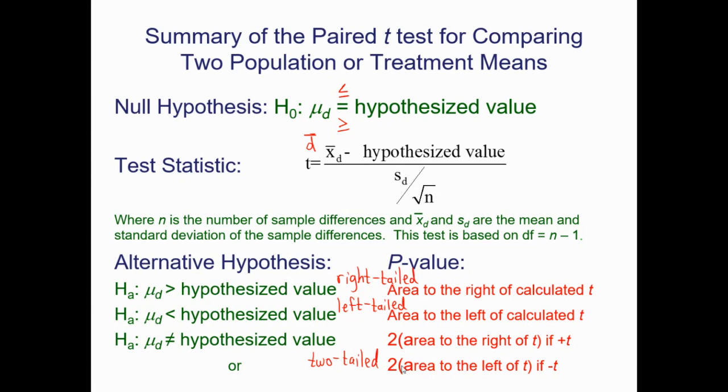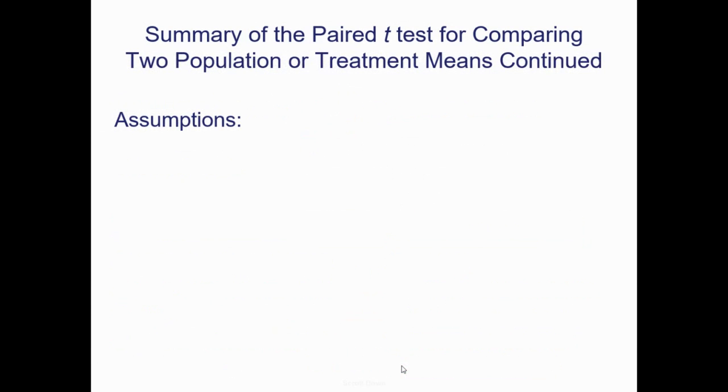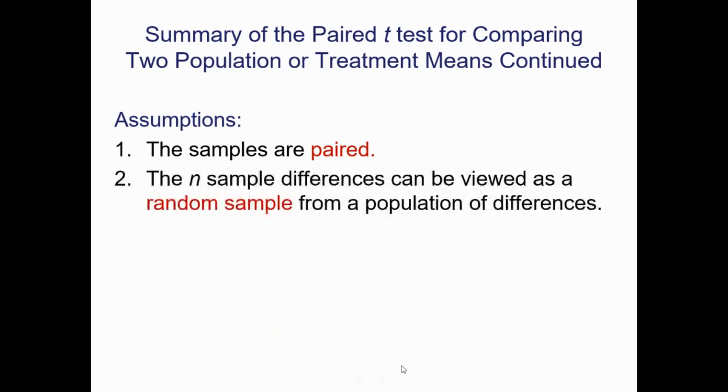Okay, so let's look at our assumptions then. First assumption, the samples must be paired. Second assumption, the n sample differences can be viewed as a random sample from a population of differences.